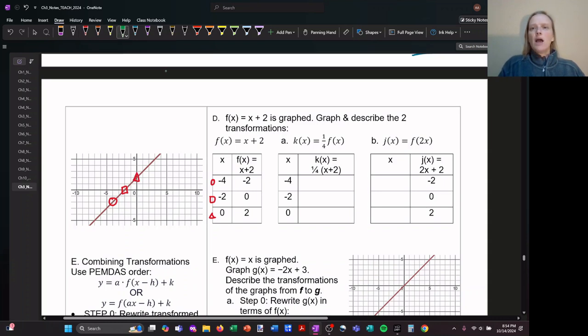And now I'm going to make, let's see, this time I have multiplication times 1/4 happening outside parentheses. So it's happening to my output value. So what I'm going to do is take my original output value and multiply it times 1/4. -2 times 1/4 is -1/2. 0 times 1/4 is 0.